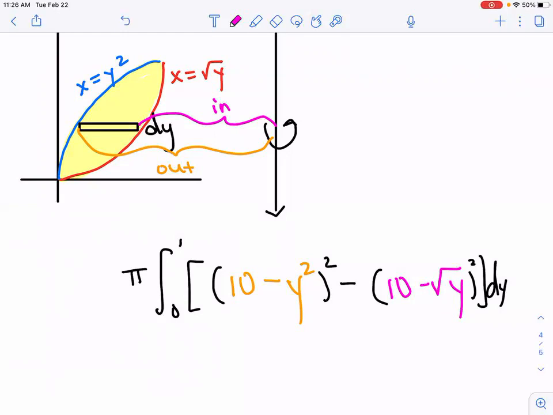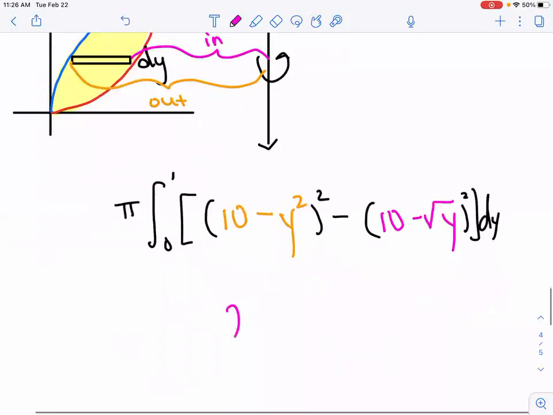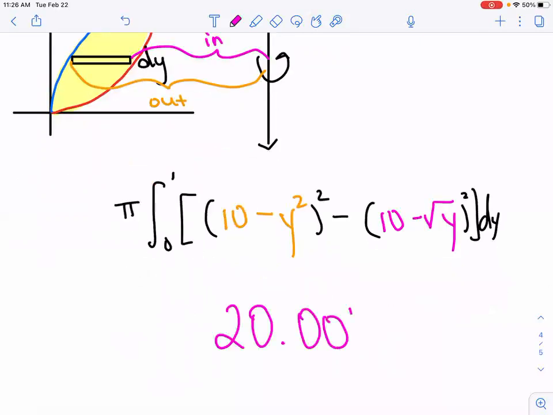Now, I'm a little nervous. It might not be rational because of that square root of y. What did you get? 20.001.